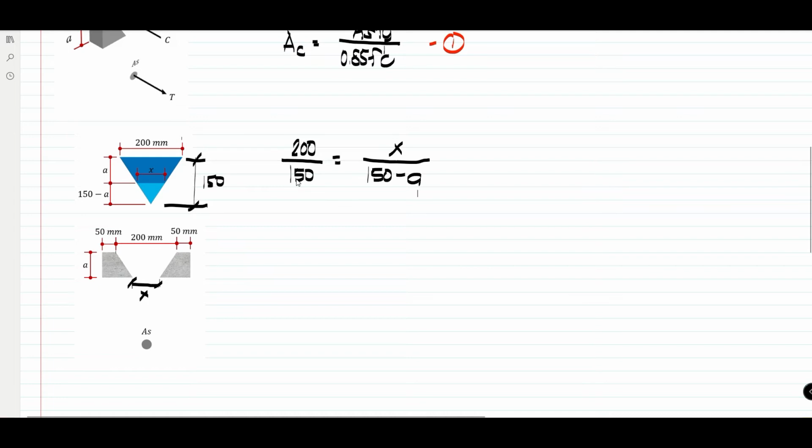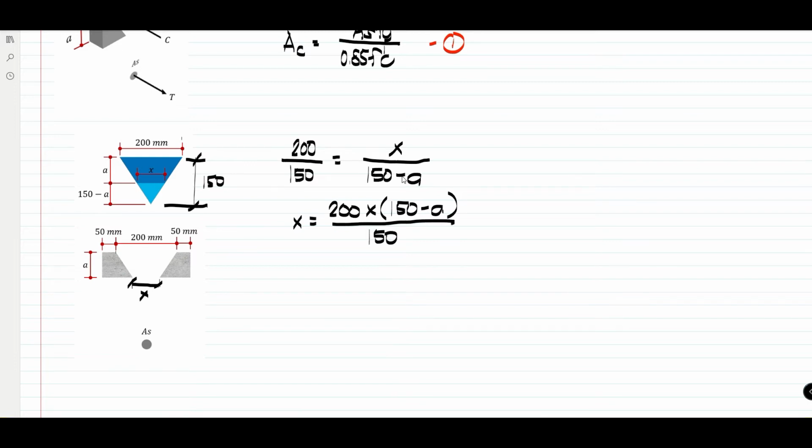And arranging the term, we have a value X that is equal to 200 times 150 minus the A over 150.